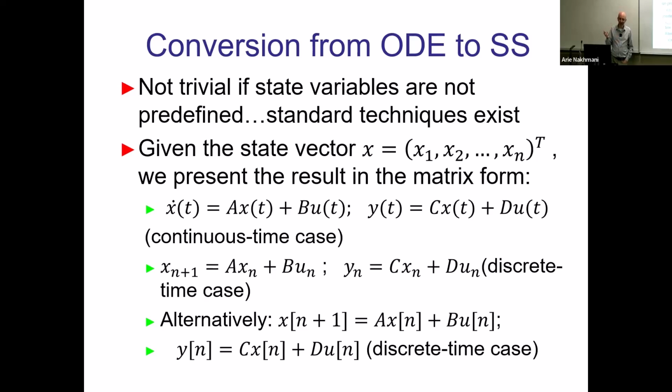Sometimes it's possible to write a system of equations from a single equation easily, and sometimes it's very complex and very difficult to do, okay? So somebody needs to give you how to identify or define the variables. x1, x2, x3, these are state variables, and we will always write them as a column vector, x1, x2, x3, and so on. Depends on the order of the system, and the order of the system will be n, okay?